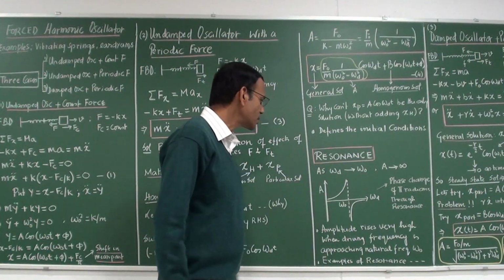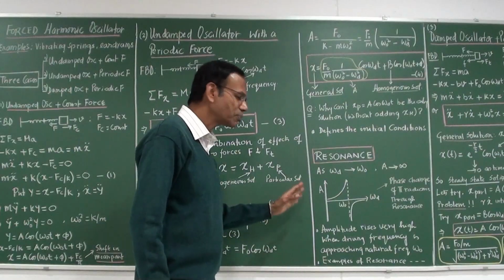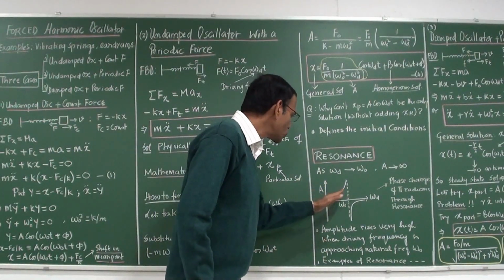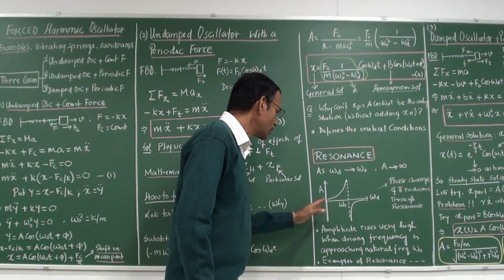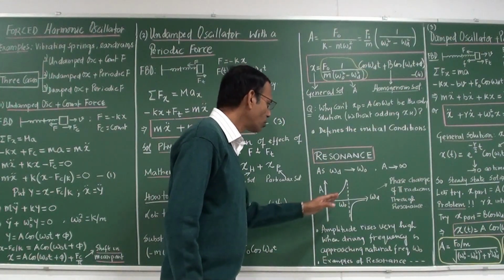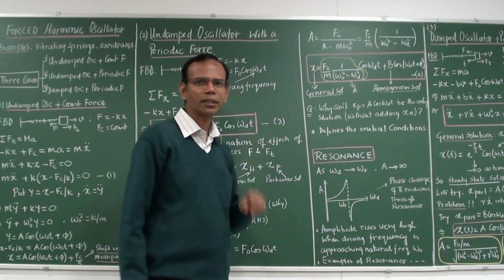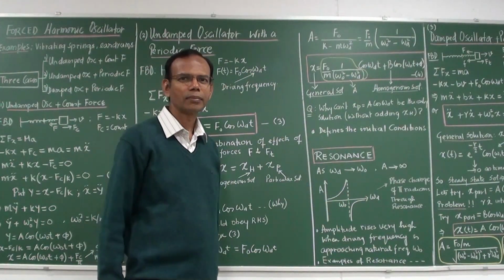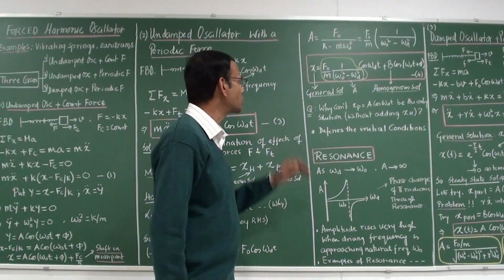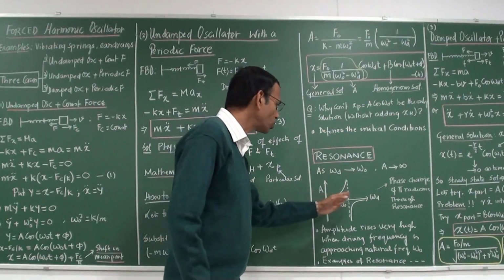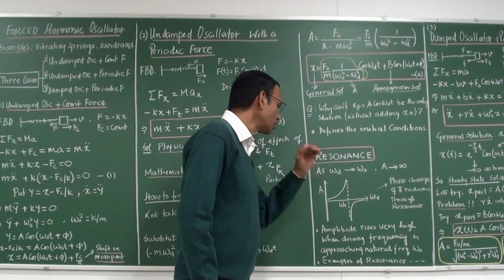But in this graph, there is something more interesting which you have to understand. Amplitude is increasing to infinity, that is perfectly fine, before omega 0, but after omega 0 we see that amplitude is minus infinity. Okay, there also you can see. What does it mean actually? After omega 0, amplitude is becoming negative.